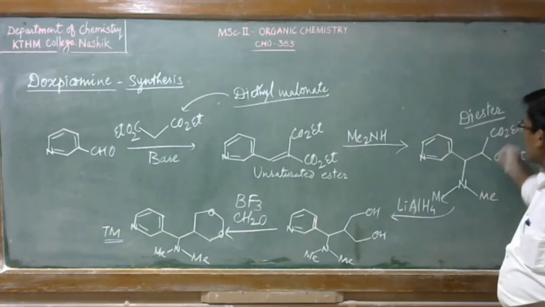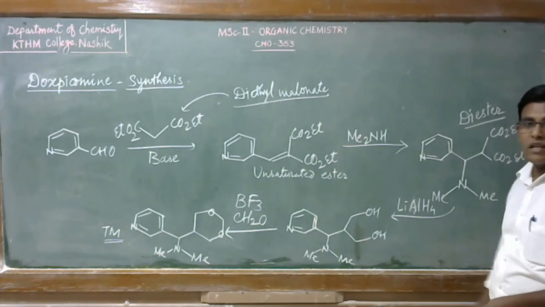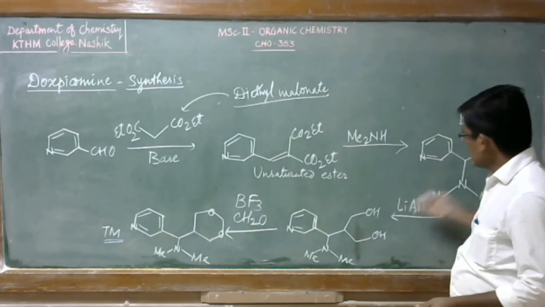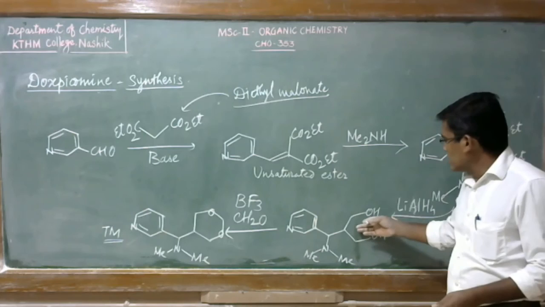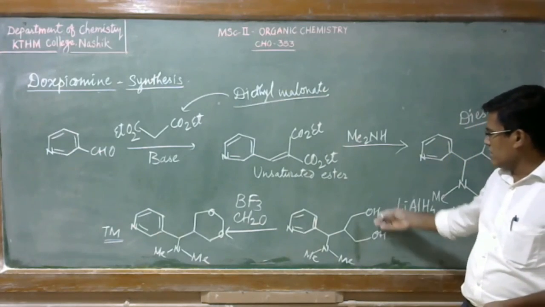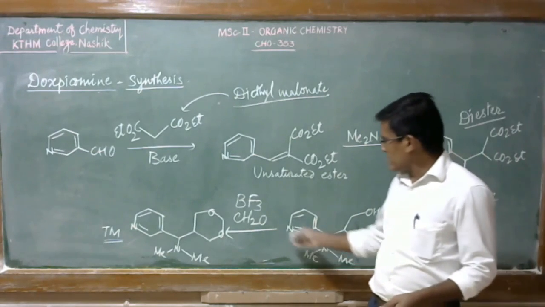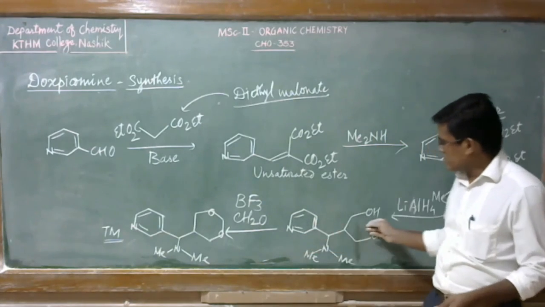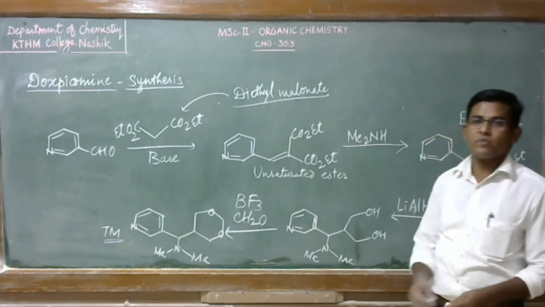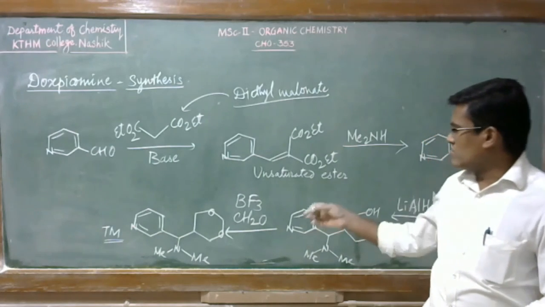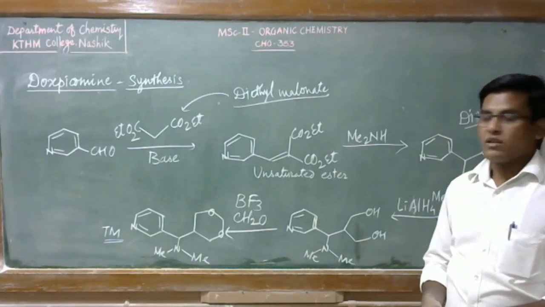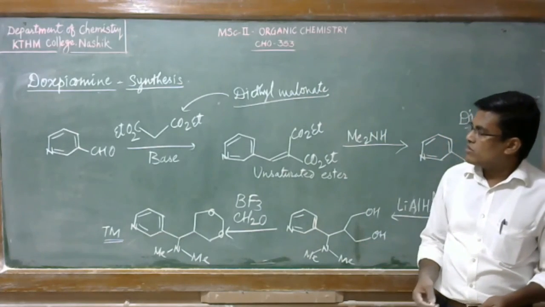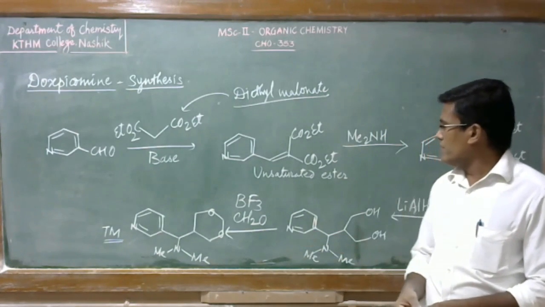When you treat this diester with lithium aluminum hydride, it reduces both the ester groups. Okay? It gives the corresponding diol. And finally, the treatment of this diol with formaldehyde in the presence of Lewis acid, it gives the target molecule, that is acetal. Alright. So this is how we can make this molecule.